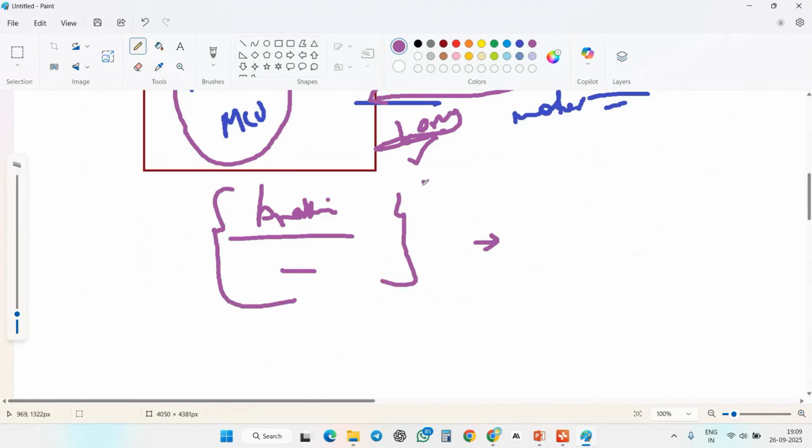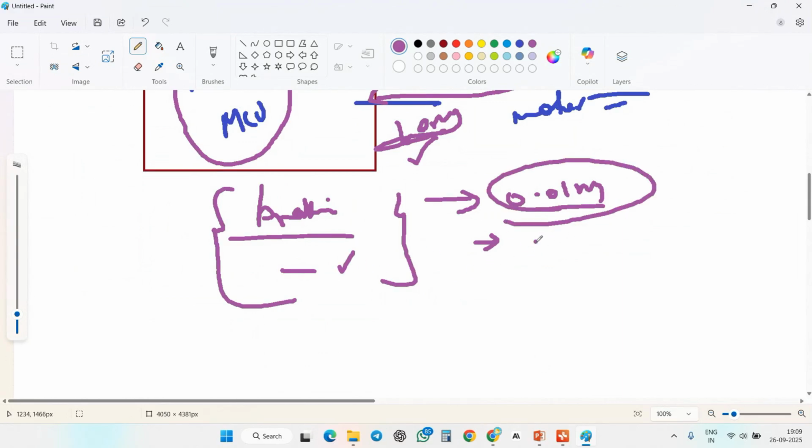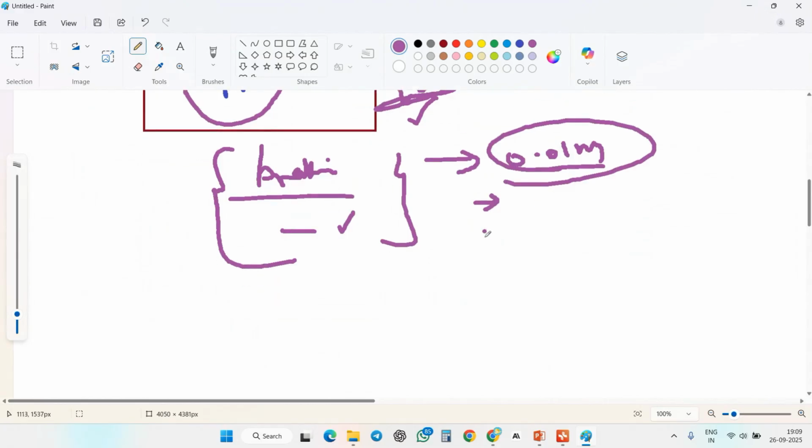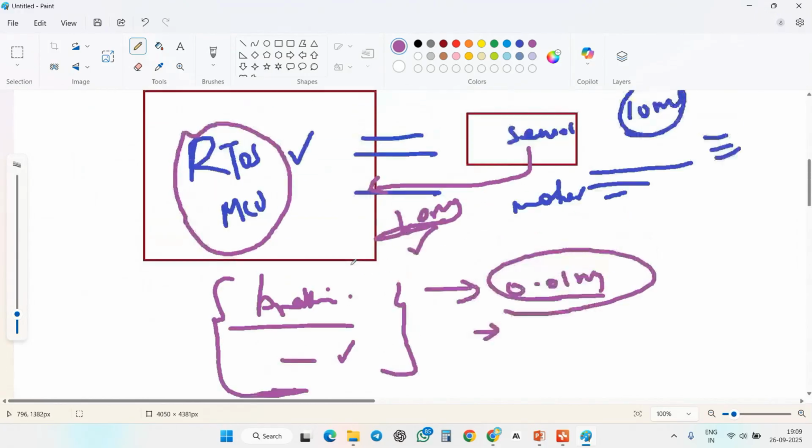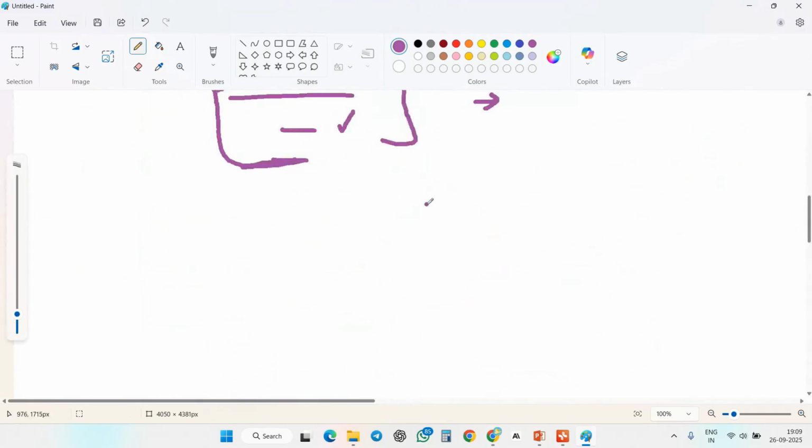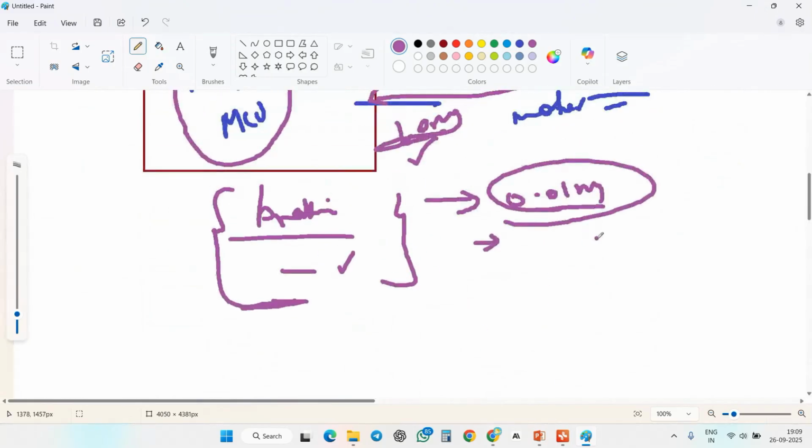That means if the brake does not work within 0.01 millisecond, the person will get hurt and a disaster will happen. If an airbag does not deploy within a fraction of a second, the people inside will be hurt. If the engine control does not work properly, it will cause a disaster. So these are the places where we can use this RTOS.